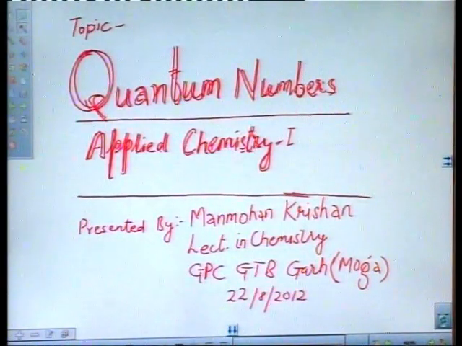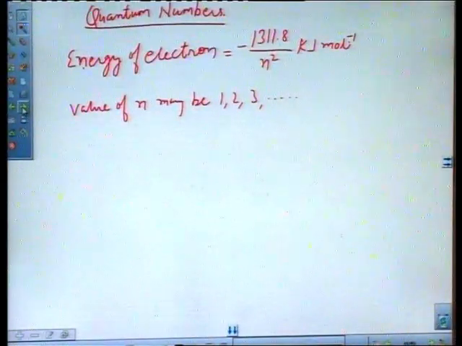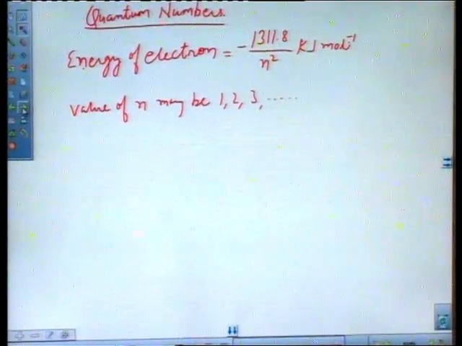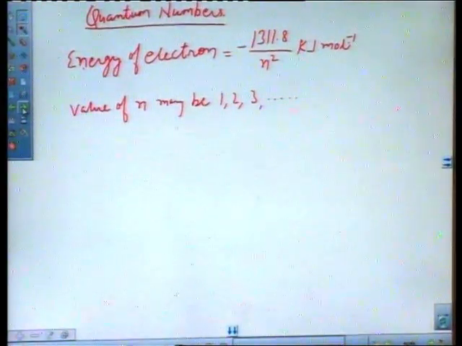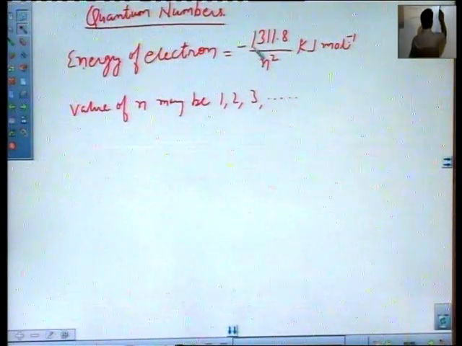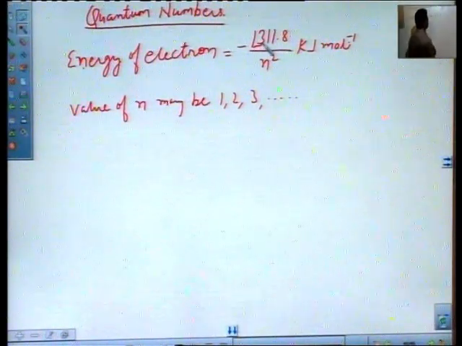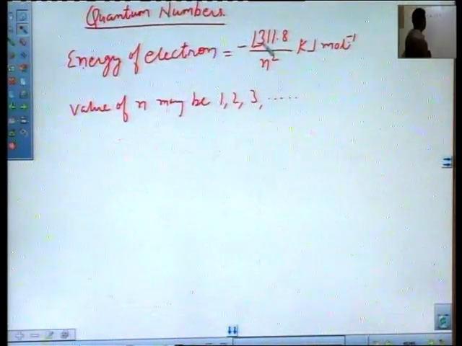So, according to Bohr's theory, the energy of an electron is given by this equation: 1311.8 divided by n square, where n is the principal shell.